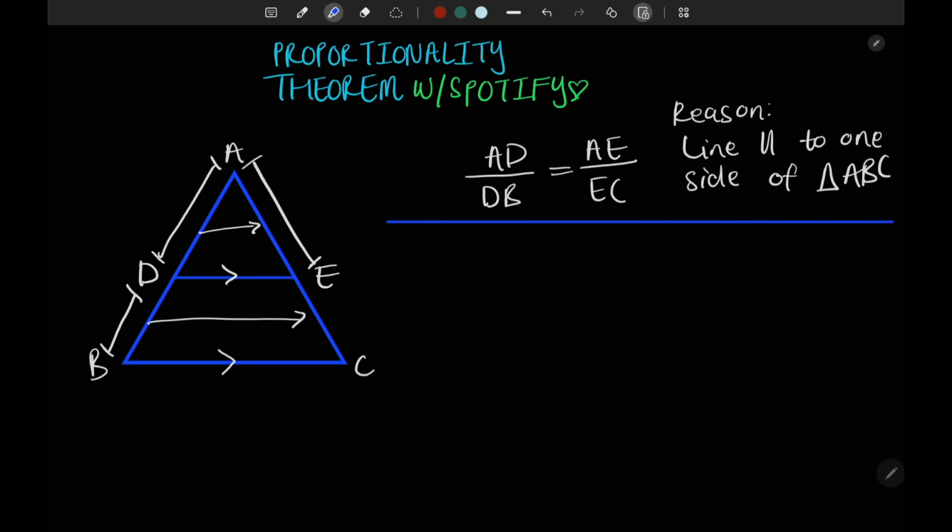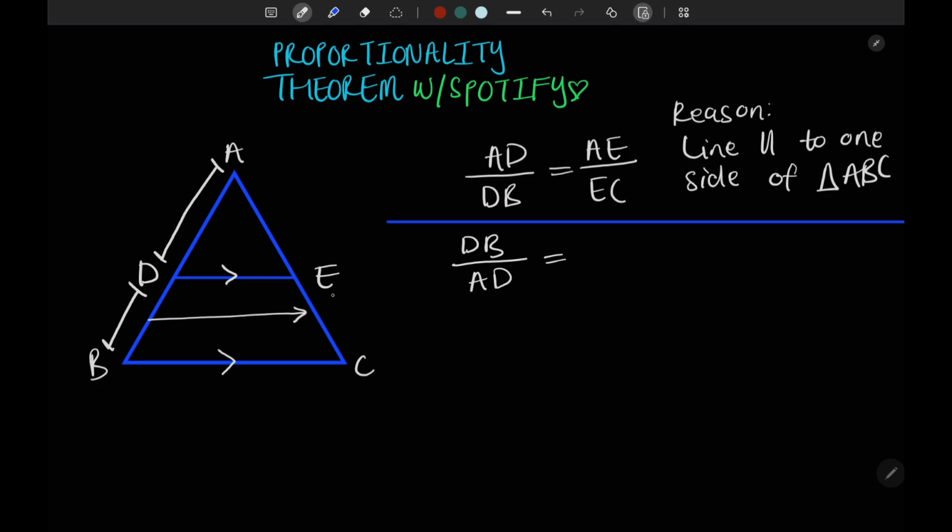We can start with different sides. Let's do DB. DB is from here to there over AD. AD is from here to there. Is equal to, the sides have to match. So we started with DB in the numerator.